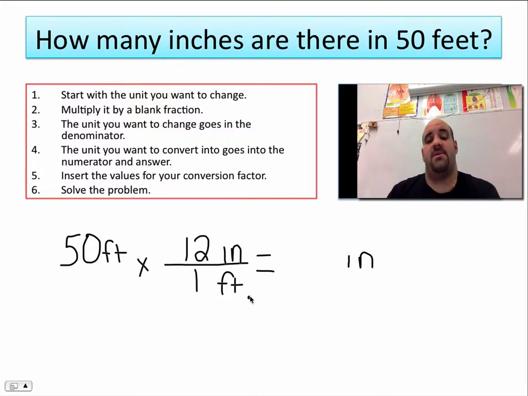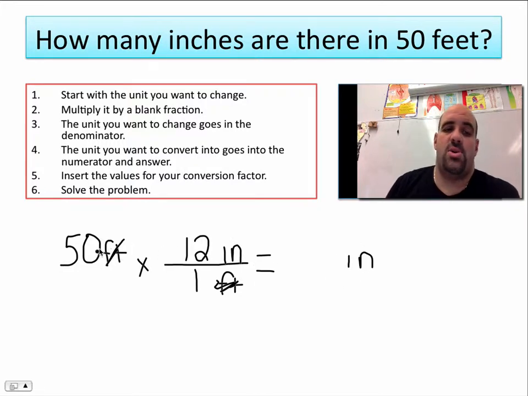And the final step is to solve this problem. We know that units cancel in division. So this feet and this feet are going to cancel because that's a division. The only unit you're going to be left with is inches, and we see that inches is over here. So I'm going to multiply across: 50 times 12, which is going to come out to be 600.